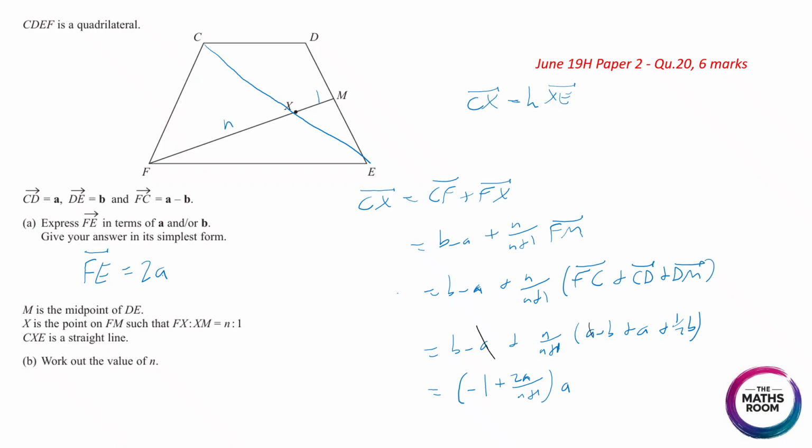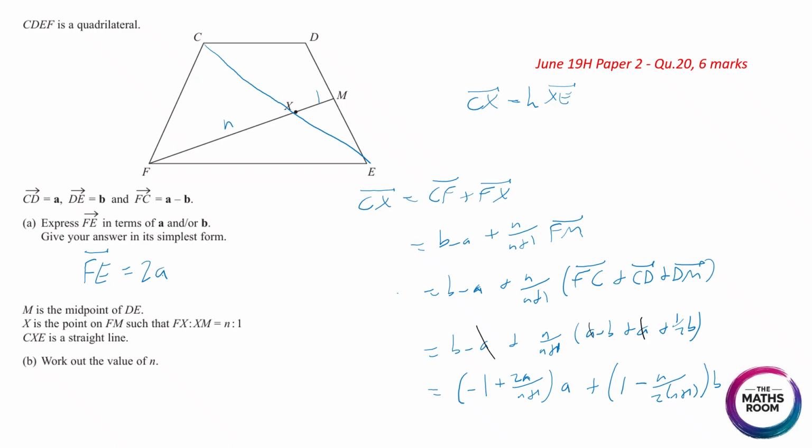And then same with the B's. You've got 1B, minus B plus a half B, minus a half B times n over n plus 1. So you've actually got effectively minus n over 2 lots of n plus 1, B.